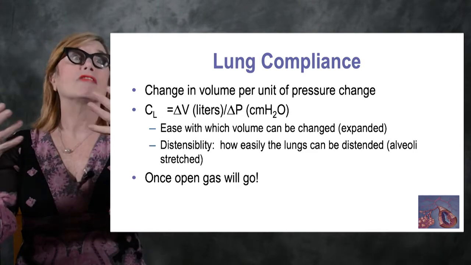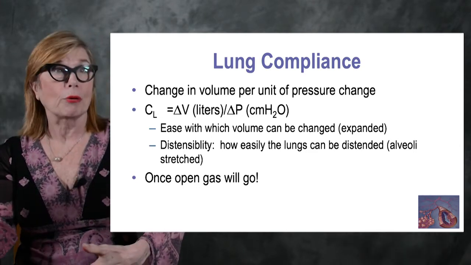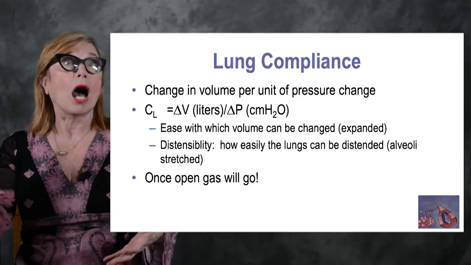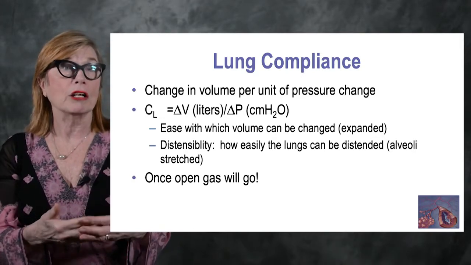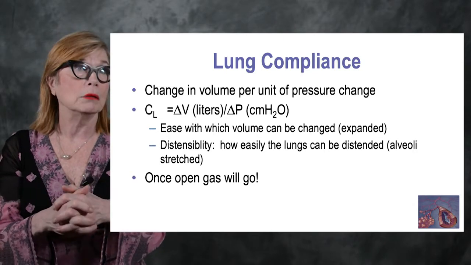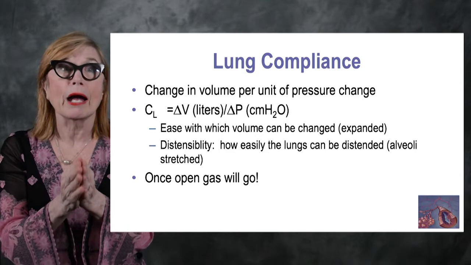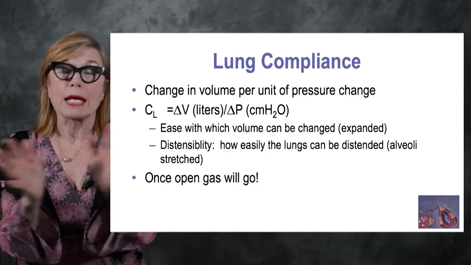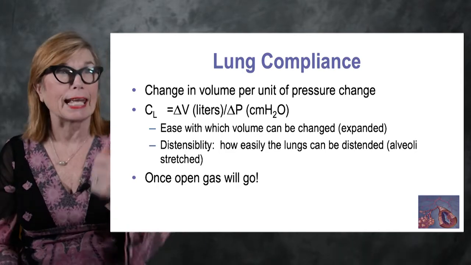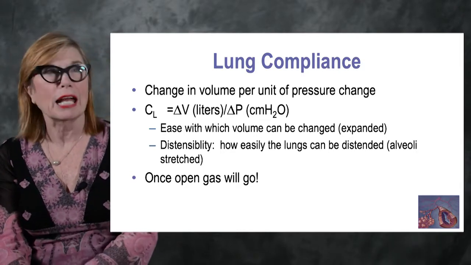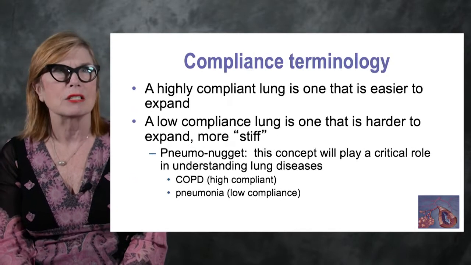And we're going to give less volume at a higher pressure when the lung is less distendable. So when I have a high pressure with low volume, that tells me the lung is not compliant. Once those alveoli are open, gas will go into those alveoli, and that's the underlying structure that we're going to apply in mechanical ventilation, understanding our strategies.